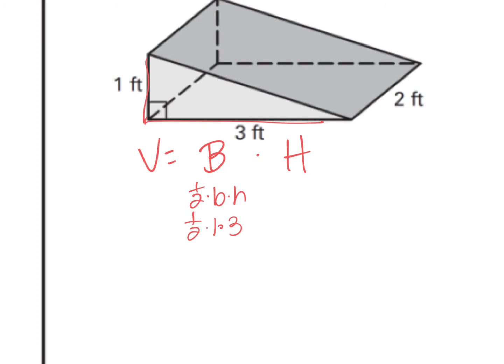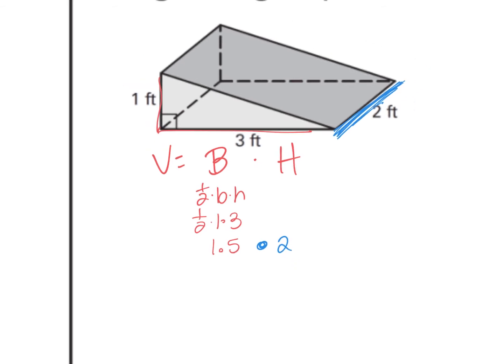You can stick that in your calculator and you get 1.5. And now what is the height of my prism? Well, that would be this distance right here, 2. So I'm going to multiply that by 2. 1.5 times 2 gives me 3.